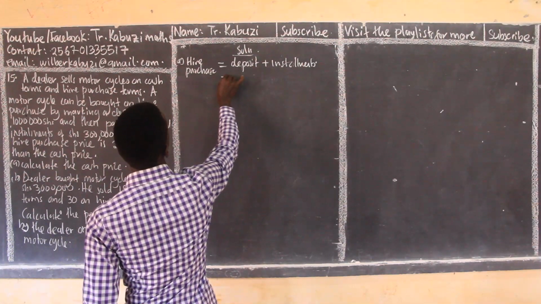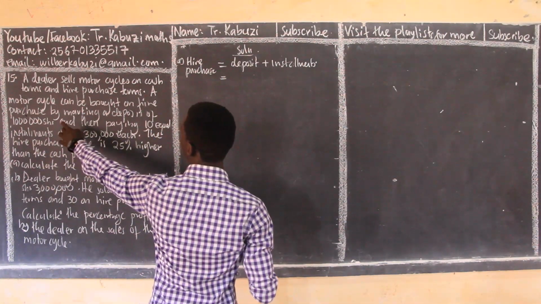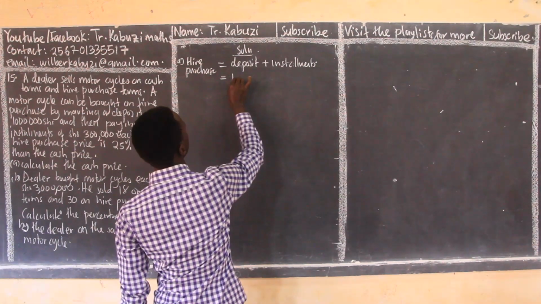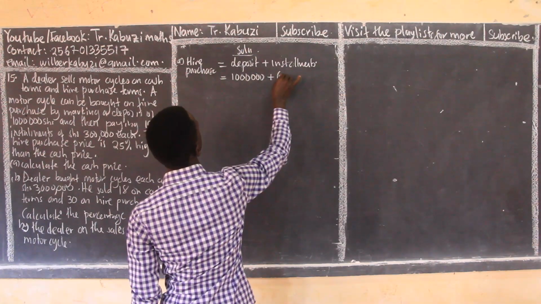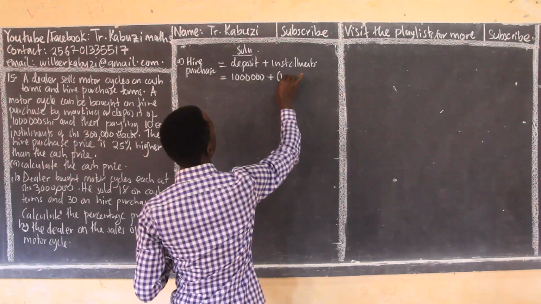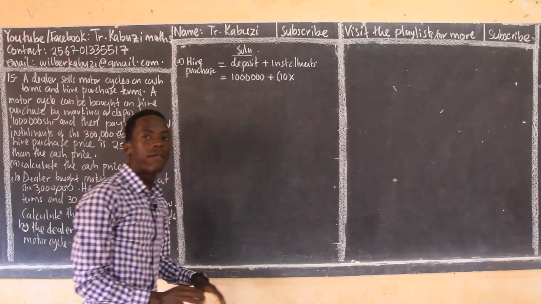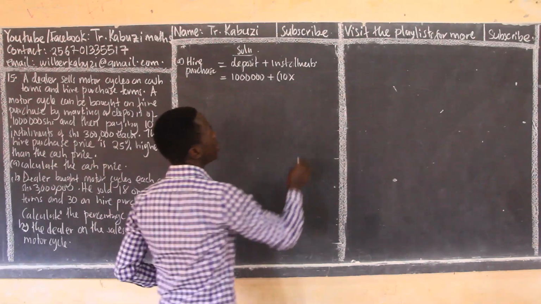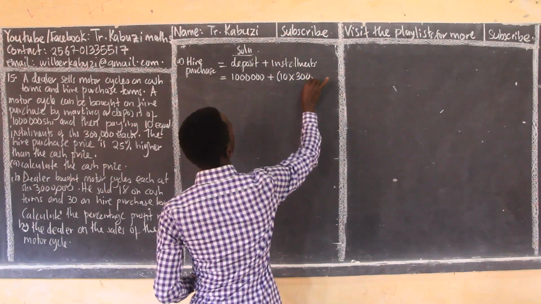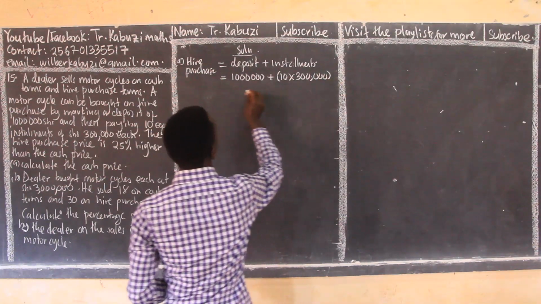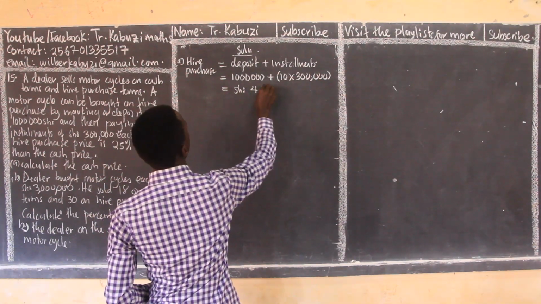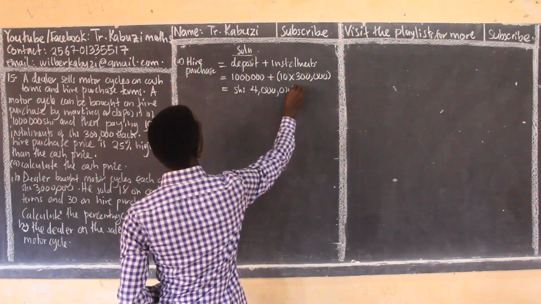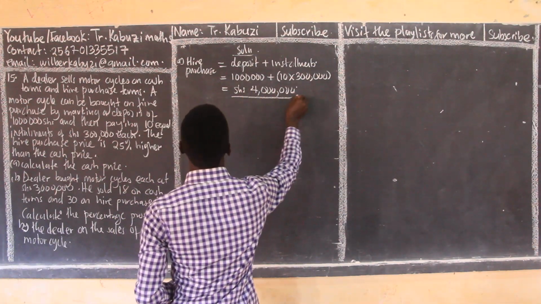So this man was supposed to deposit at least 1 million, plus, they told us, 10 equal installments of 300,000 each. And you see this will give us 4 million shillings. So that is now the hire purchase.